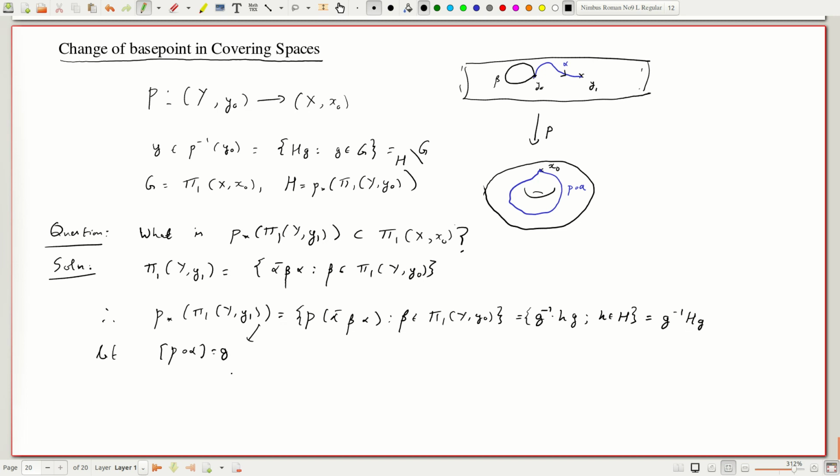Now let's just remark, we need a sanity check: if g prime is going to be h times g, so the right cosets are the same, then g inverse H g is going to be the same as g prime inverse times H times g prime, by elementary algebra, because we can substitute h times g here.